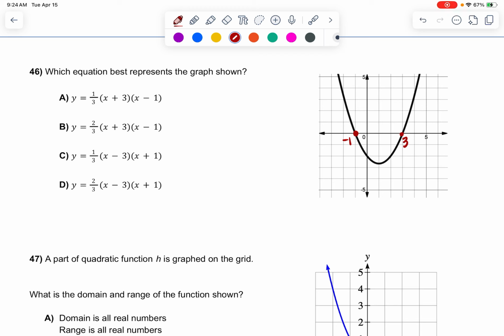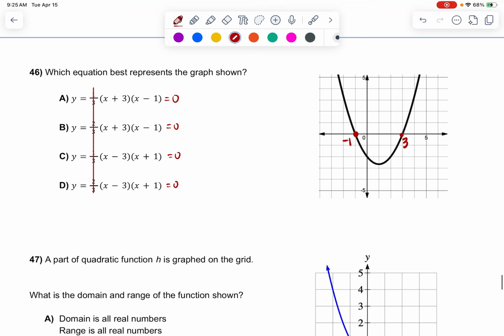Now you want to think about what's happening here, because remember, all of these answer choices are in factored form, which means they haven't finished solving them, because we would set them equal to 0. Now the fractions in the front don't contribute to your solution pool, but if you were to set all of these equal to 0 and then solve them, you would get x equals -3, because you'd have to subtract the 3 over, and x equals +1.